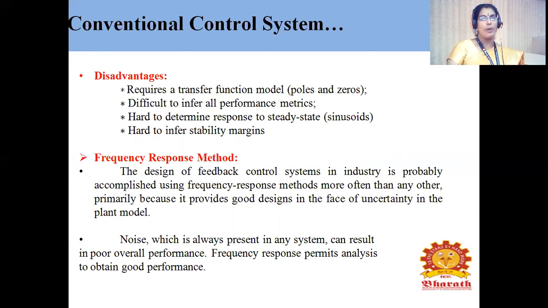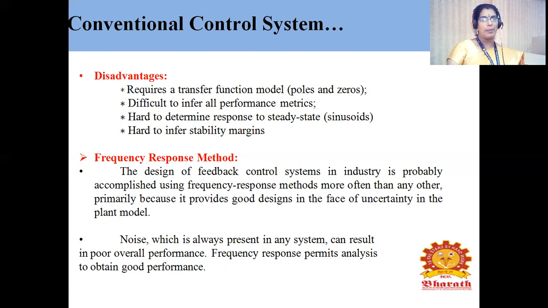In order to overcome these drawbacks, we are moving on to the frequency response method. Here, the design of feedback control systems in industry is probably accomplished using the frequency response method. In many industries they use the frequency response method rather than the root locus method. Why? Because it provides good designs in the face of uncertainty in the plant model. That is one point.